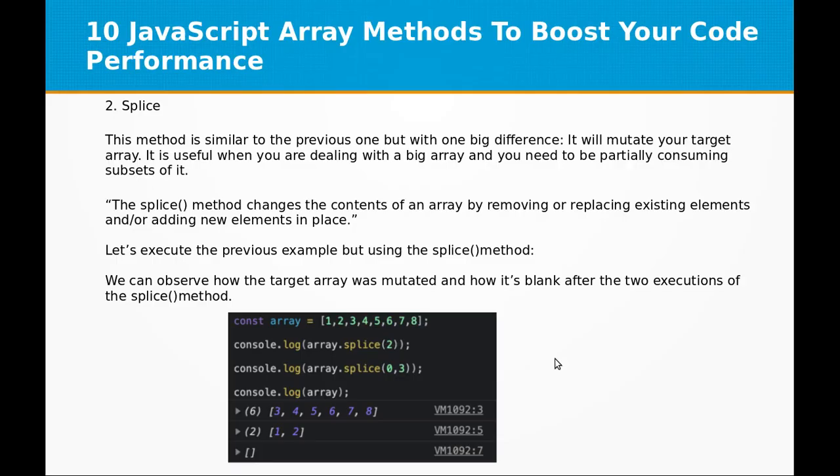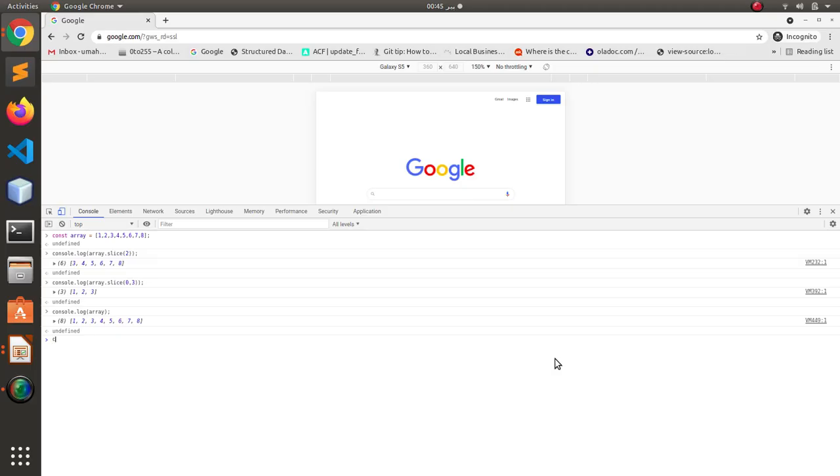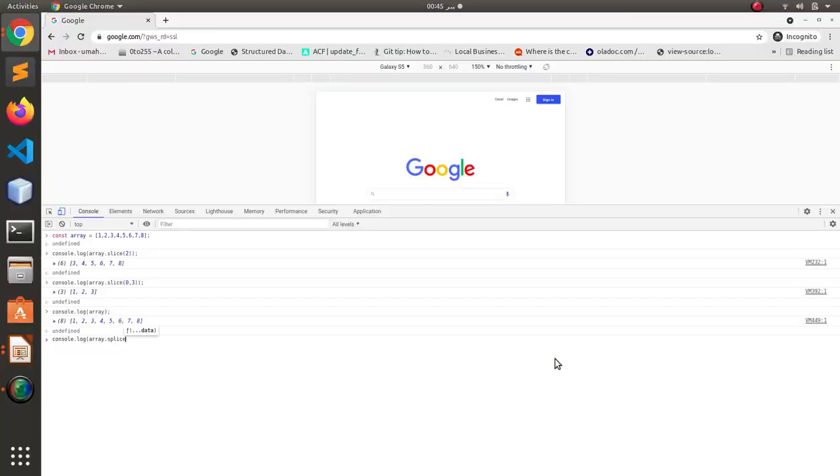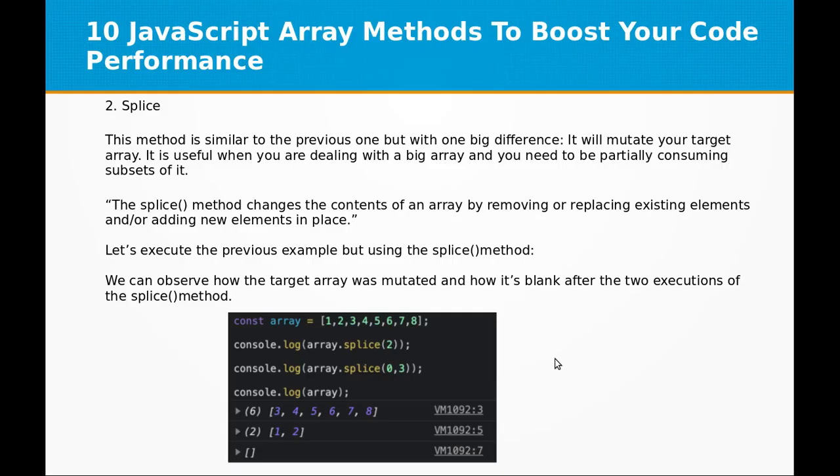So we already have an array of 8 elements. So this time I'm going to use console.log array.splice and I'm going to give 2, and this gives me the 6 elements, taking out the first 2 elements.